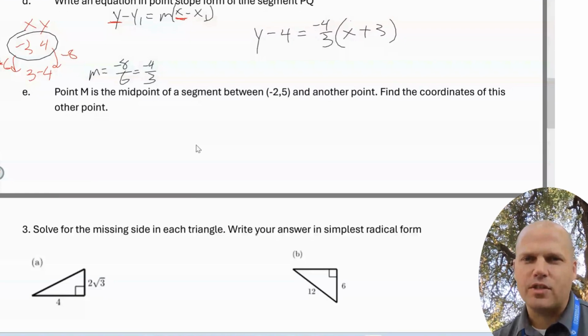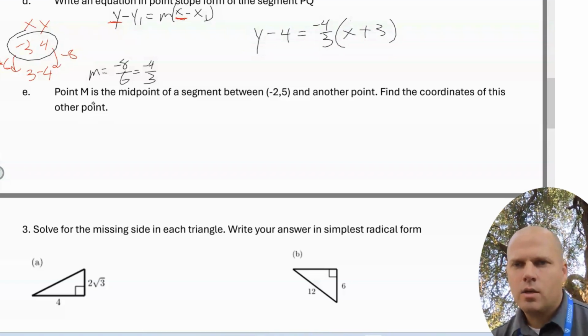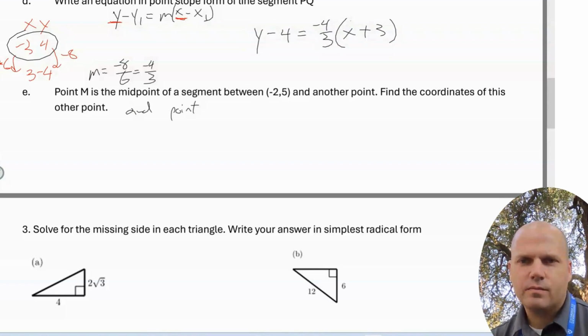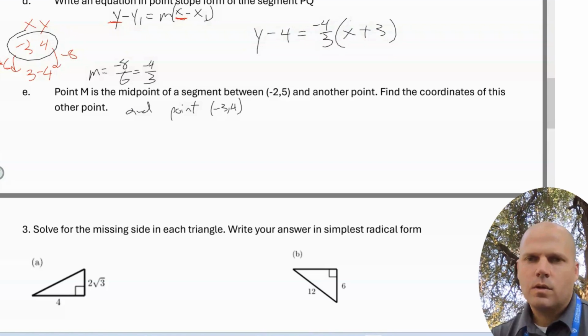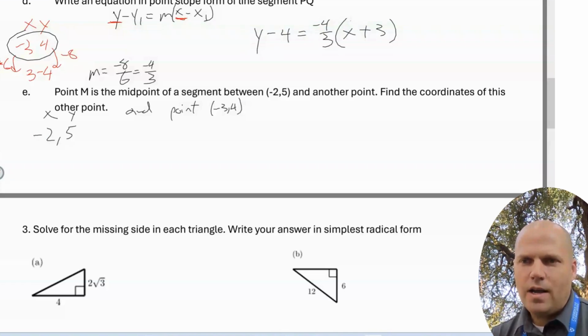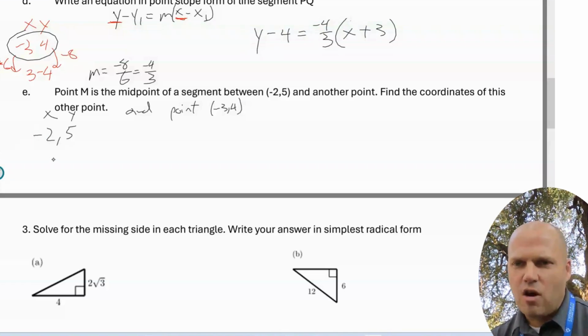Point M is the midpoint of a segment between -2, 5 and another point. I mean, this should be easy. I wish it wasn't point M. Let's use point M and the point -3, 4. So here's the idea. You have -2, 5 as an x, y, and you know 0, 0 is the midpoint.